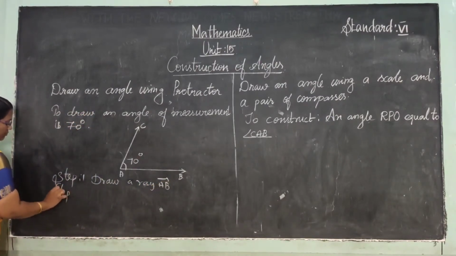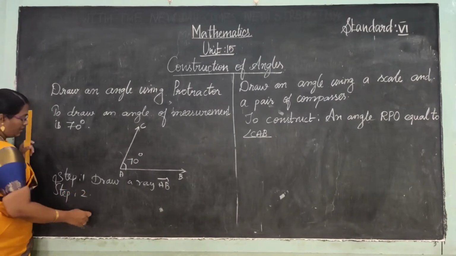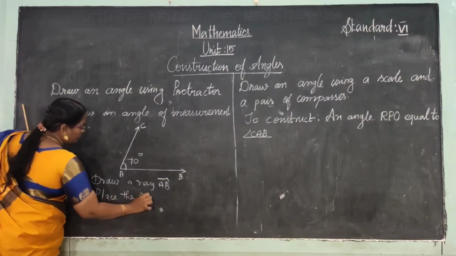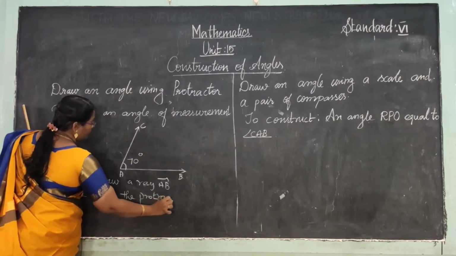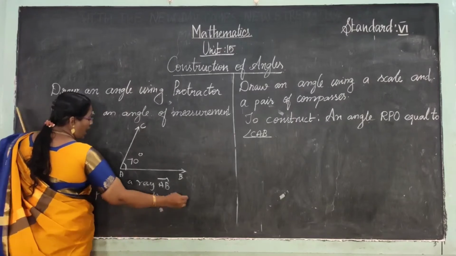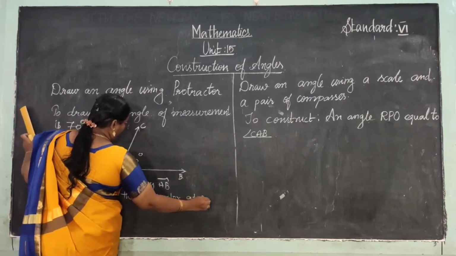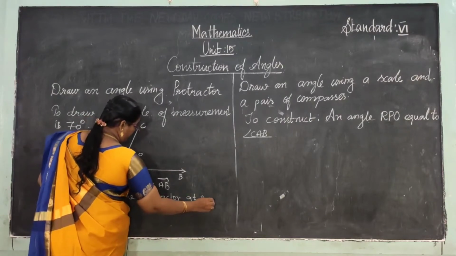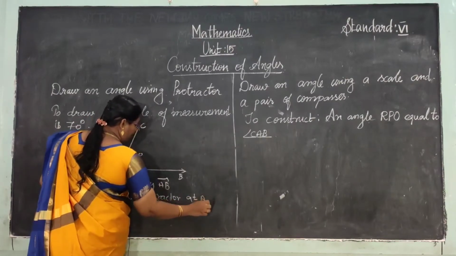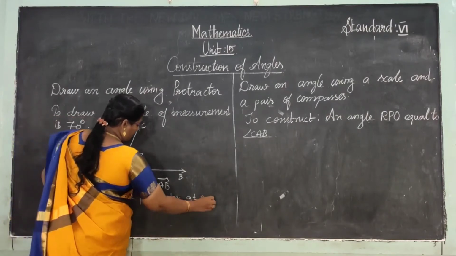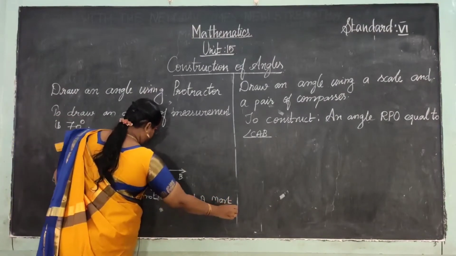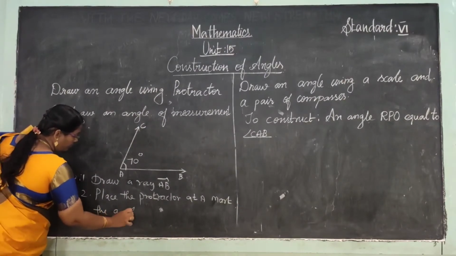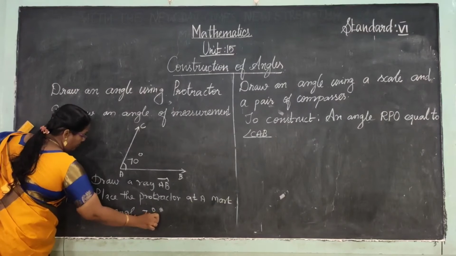Step 2: place the protractor at A. Mark the angle 70 degree.